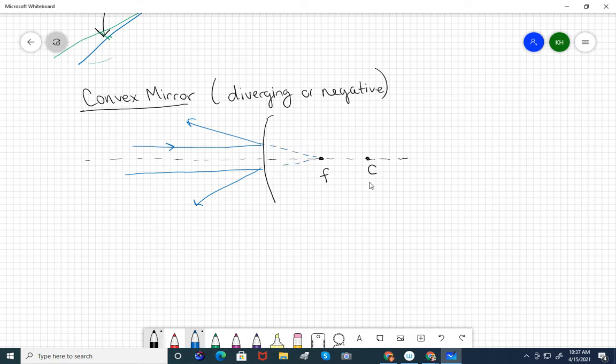They didn't come from the focal point, but somebody over here looking might think so. So one of the things we want to remember for a convex or diverging or negative mirror is that F and R are negative, the focal length and the radius of curvature. This should be a capital F to indicate focal point as opposed to focal length.